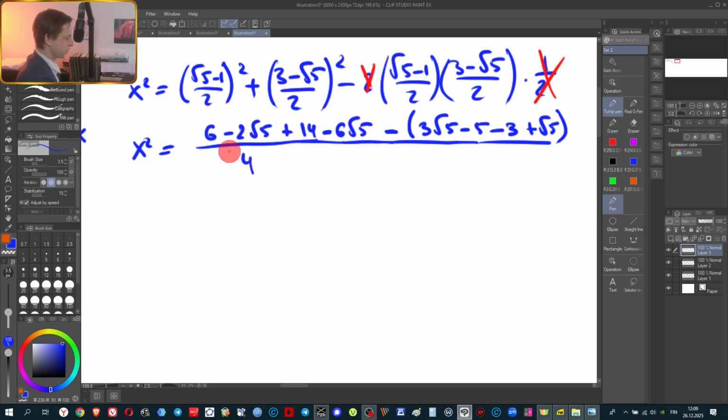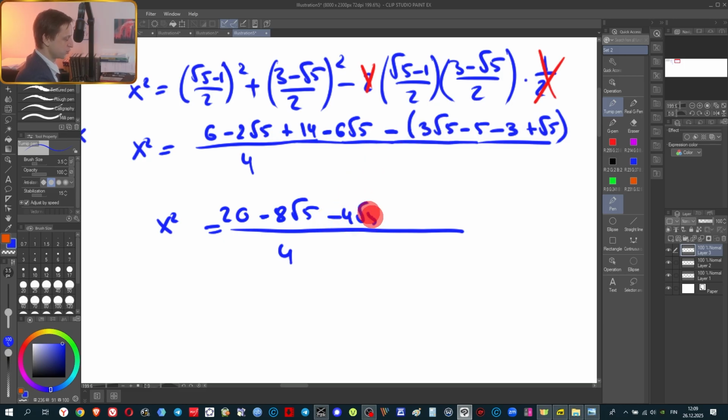Here we can already add 6 and 14, it is 20, minus 8 square root of 5, everything divided by 4. Here we have x squared, and before we expand, let's add here 4 square root of 5, and eventually minus 4 square root of 5 when we expand, and minus 8, but minus in front, so it will be plus 8.